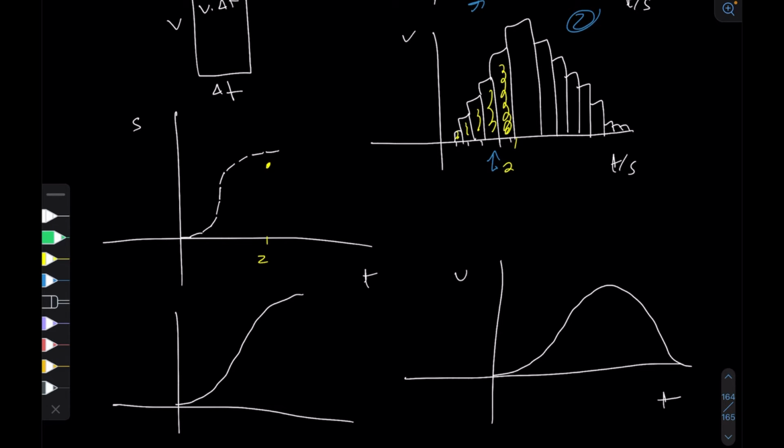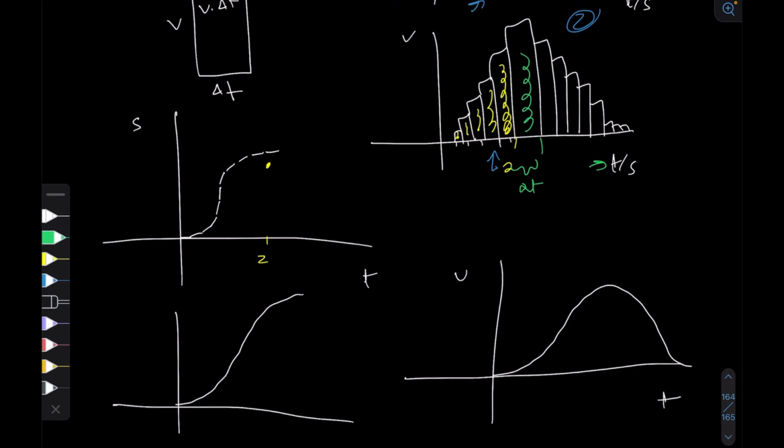The takeaway from this is that if I take smaller changes in x, in this case x is time, and I am finding the area up to that point, it is a close representation of the actual displacement up to that point.